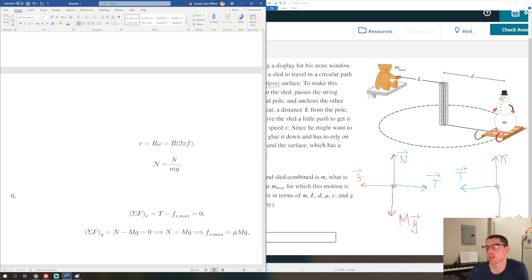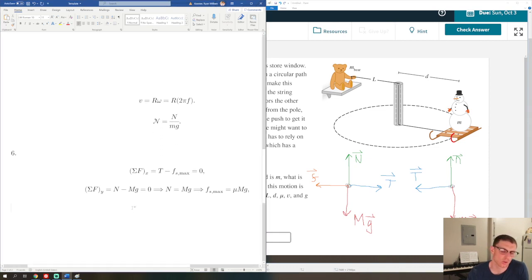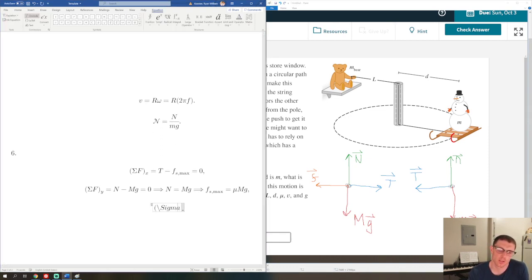Now, let's come to the snowman, and this is where I want your feedback, right? So what am I going to write for the centripetal force on the snowman? What do we have here? Yeah, right, the same thing as before. Let's just do this. T equals m v squared.